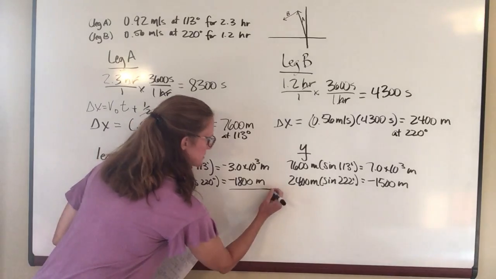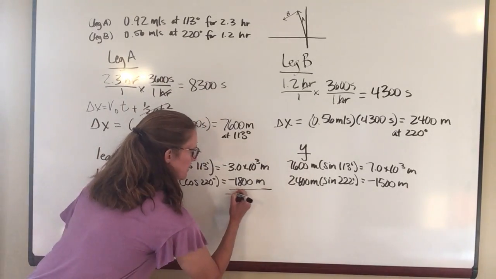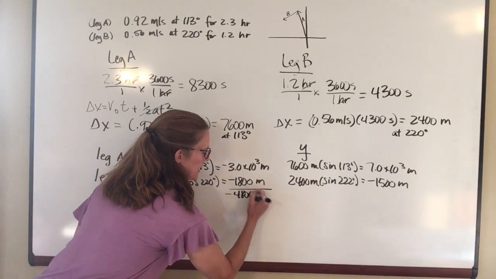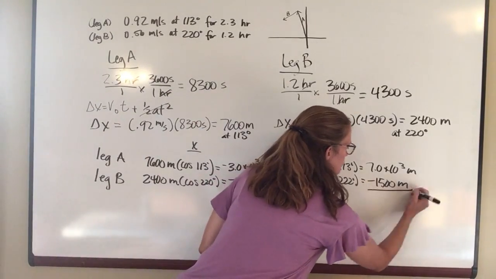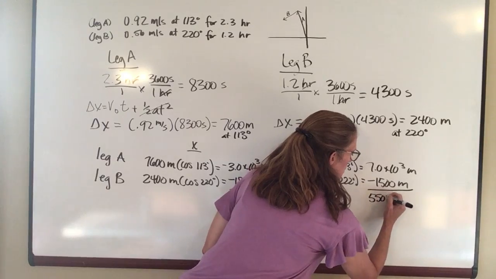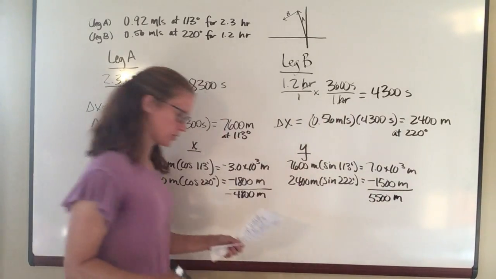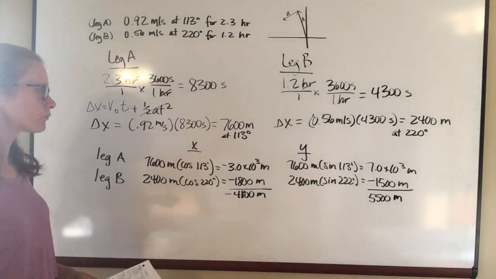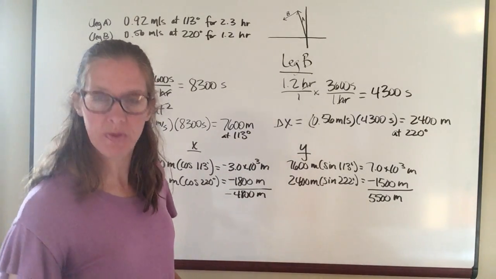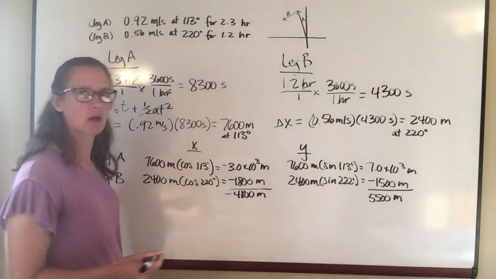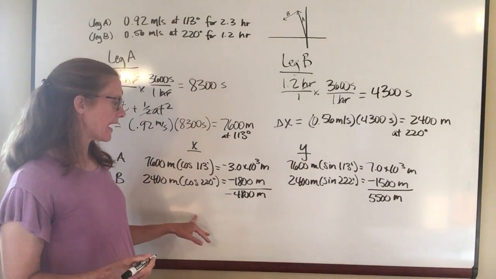So when I add this together, this is going to be a negative 4,800 meters in the x direction, and this is going to be a positive 5,500 meters in the y direction. So now that I have the 2 components, I'm going to use the Pythagorean theorem to calculate the final magnitude.